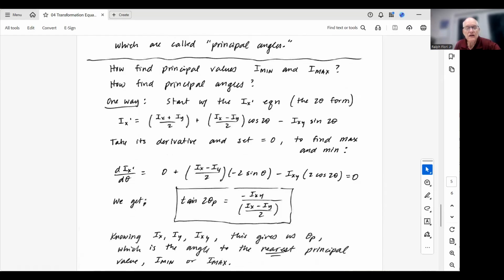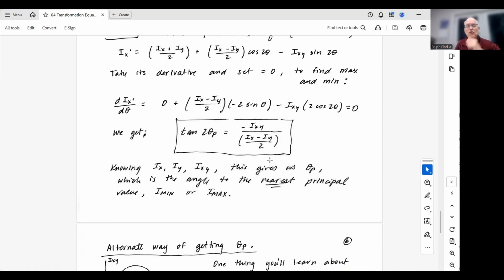This isn't right. This is minus 2 sine of 2 theta. That's a sine of 2 theta. And so then we can solve for tangent of 2 theta p is negative Ixy divided by Ix minus Iy over 2.